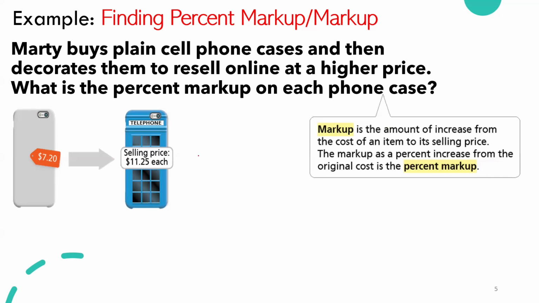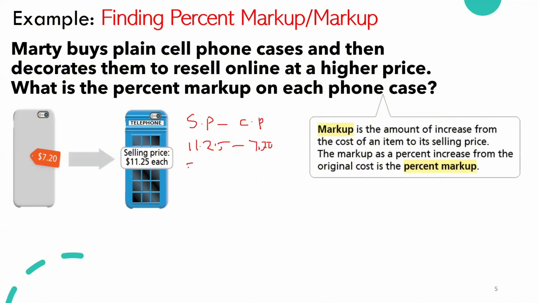So we are going to find the markup. Markup is the difference between the cost price and the selling price. I am going to use SP for selling price, minus the cost price. The selling price is $11.25, minus the cost price, how much it costs to buy the phone case to resell, which is $7.20.